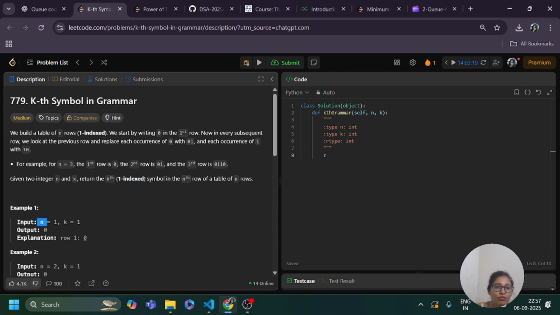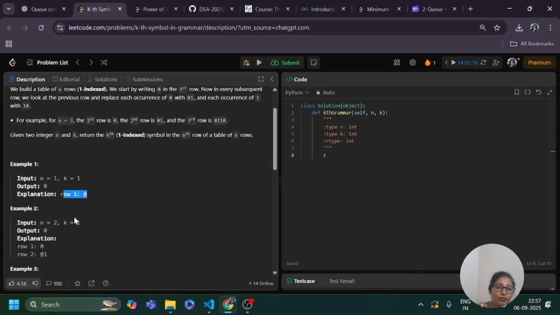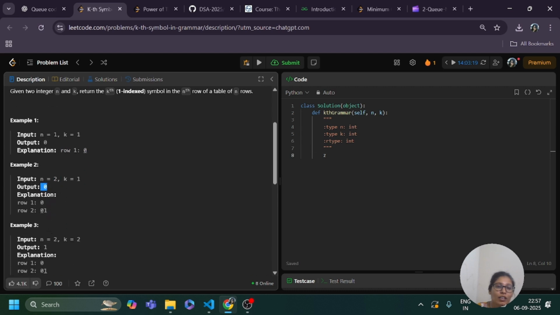Here you can see n equals 1 and k equals 1, so output equals 0. If n equals 2 and k equals 1, output 0. Explanation: row 1 equals 0 and row 2 equals 0 1.